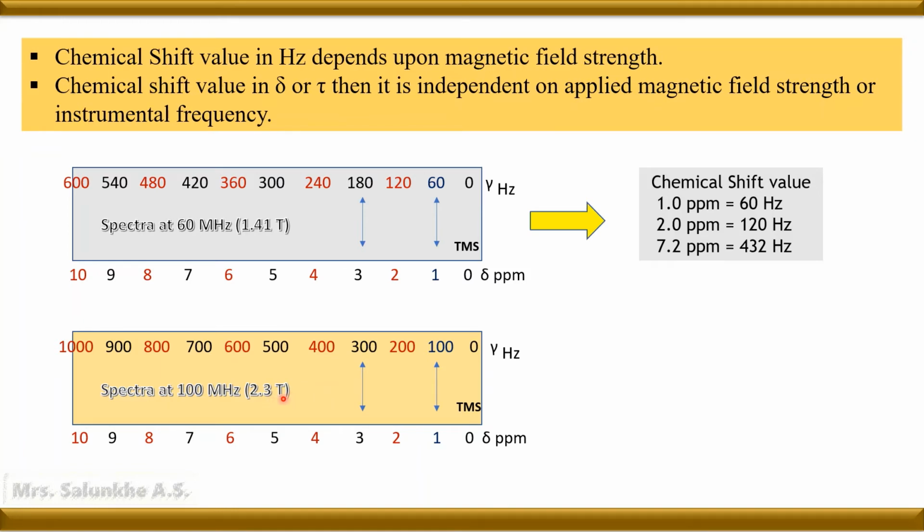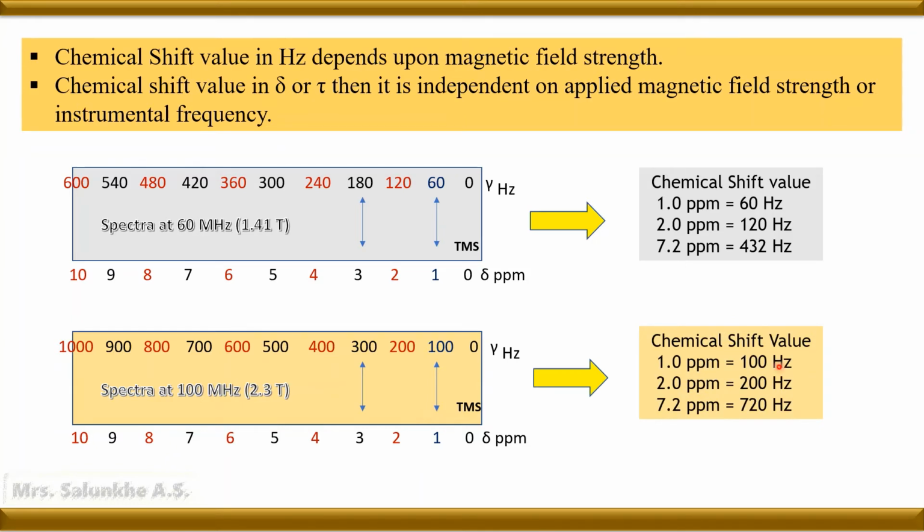In case of a 100 megahertz spectrum, 1 ppm corresponds to 100 Hertz, 2 ppm corresponds to 200 Hertz, 7.2 corresponds to 720 Hertz.